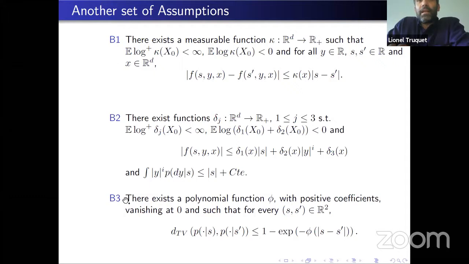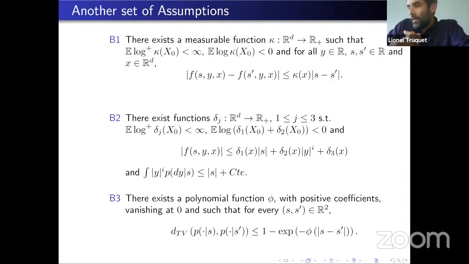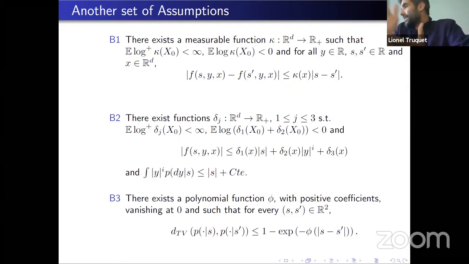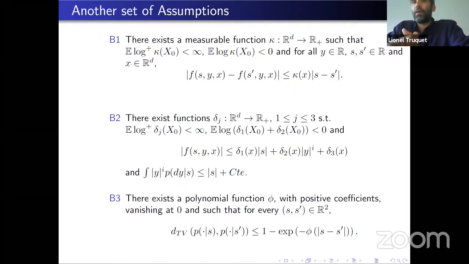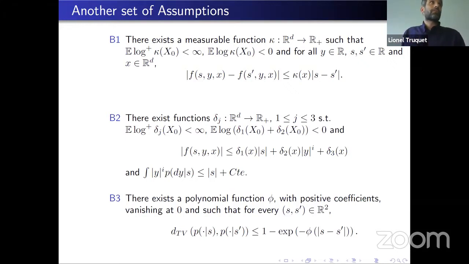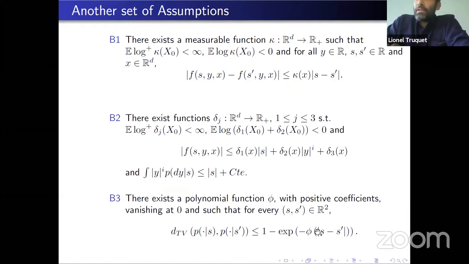And in the assumption B3, I will assume that when you change the parameter, you cannot have completely different distributions. That is the distribution P when the parameter is S and when the parameter is S prime. So typically, it's not possible to take some orthogonal distribution. You cannot have disjoint supports, for instance, for every S and S prime, but they can be, one could say, asymptotically singular when the distance between S and S prime goes to infinity.